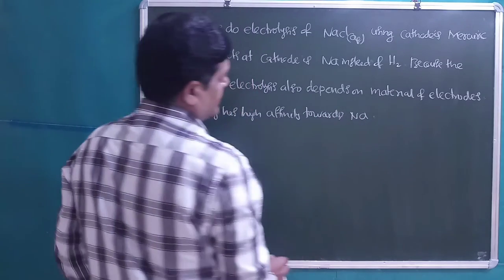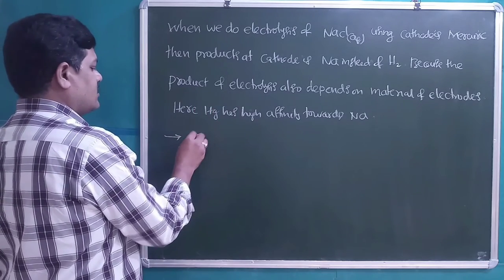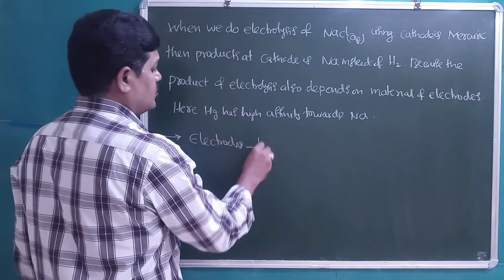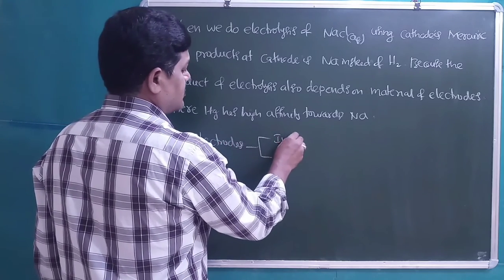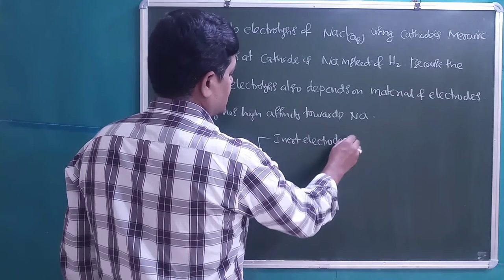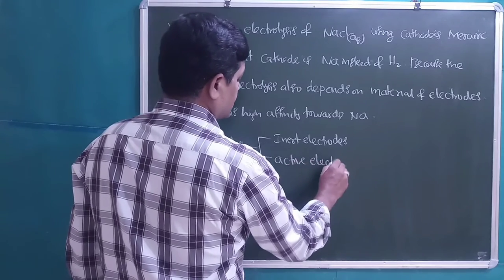That's why instead of getting hydrogen, we get sodium. Students, generally electrodes are of two types: inert electrodes and active electrodes.